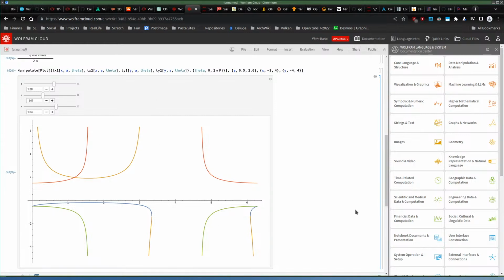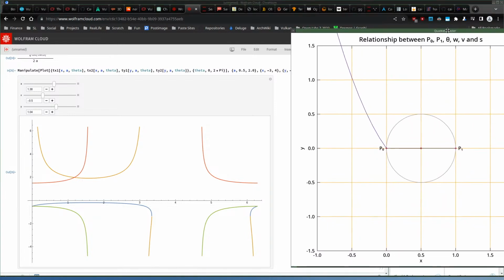Okay, I think I'm starting to understand how this graph works. But no, actually, it is clear that we always have green here.